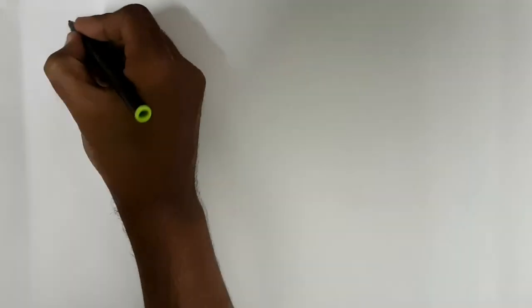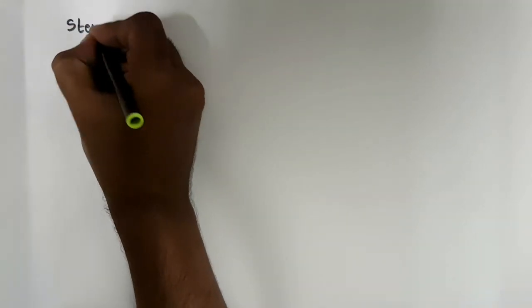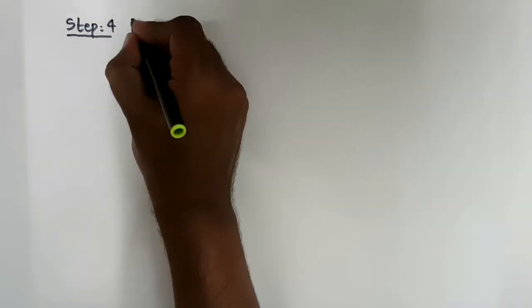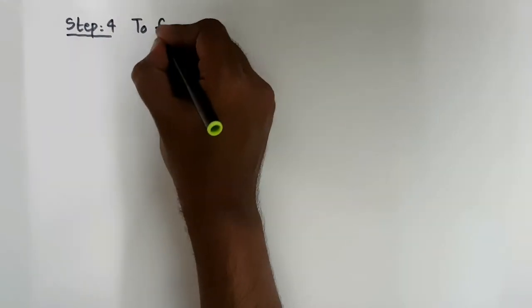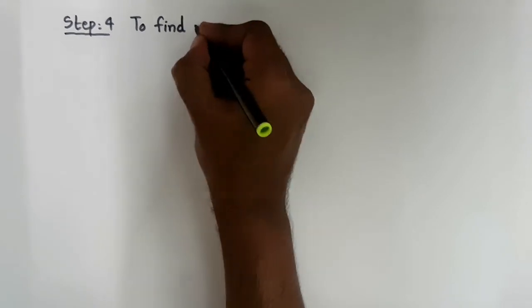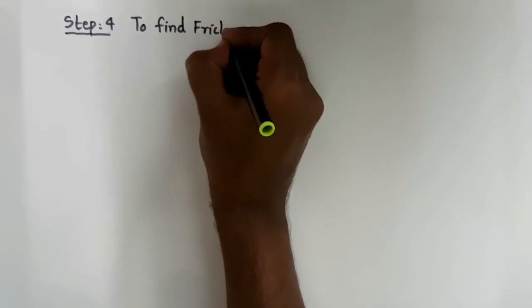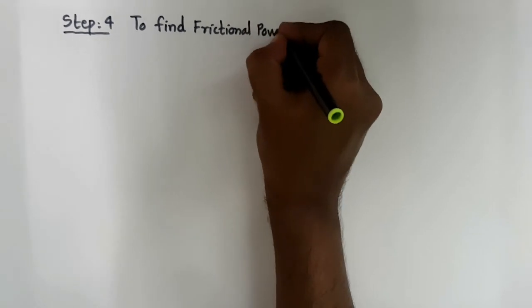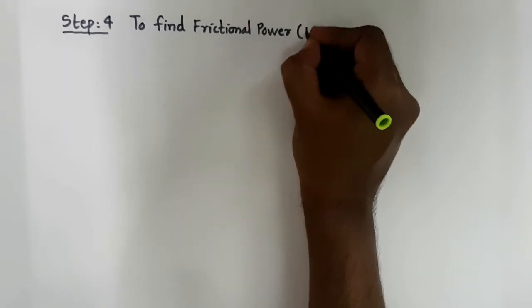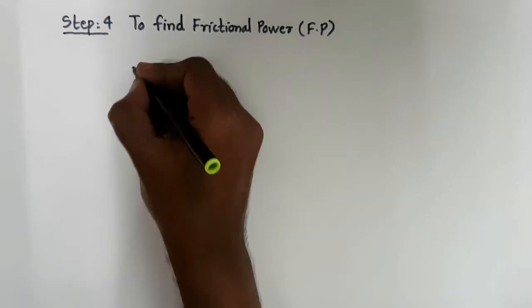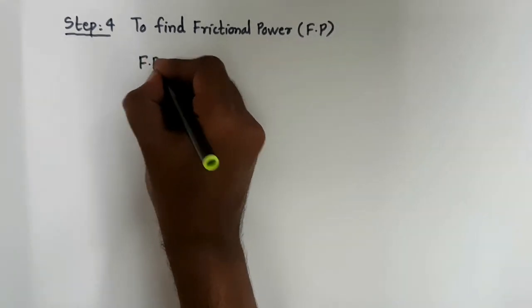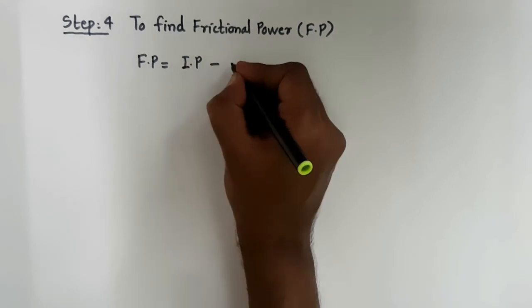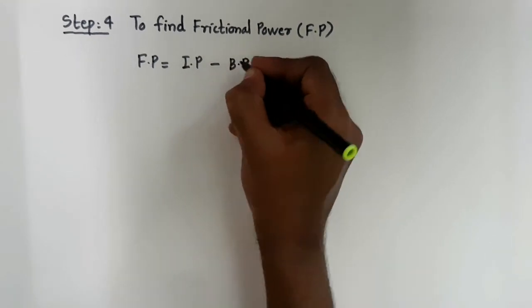Then step number 4 is to find frictional power, that is FP. FP is given by the total indicated power minus the brake power.